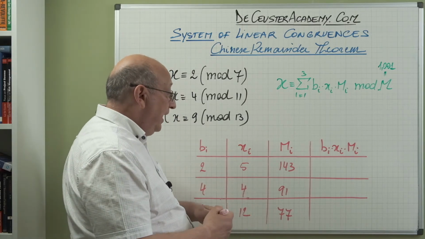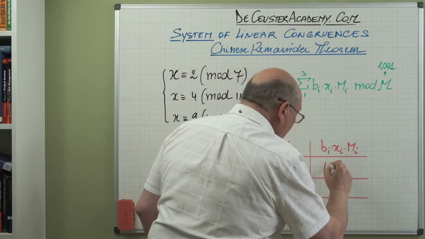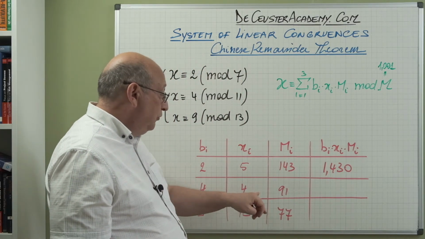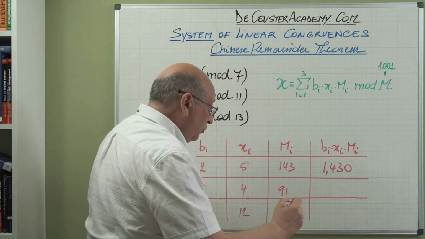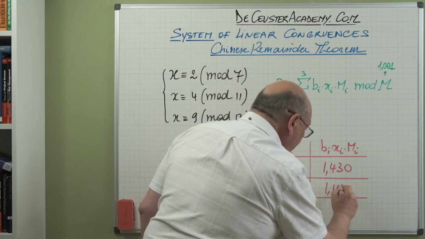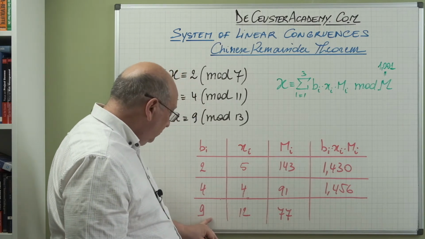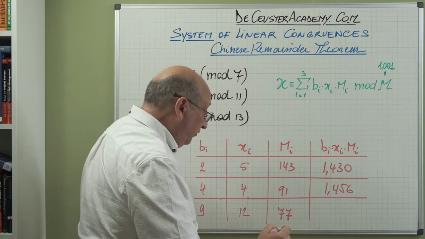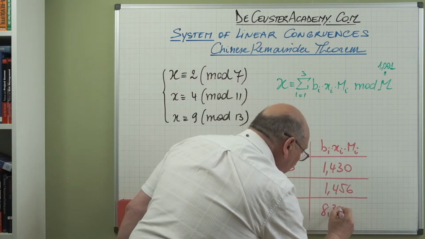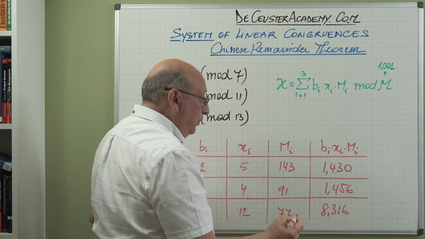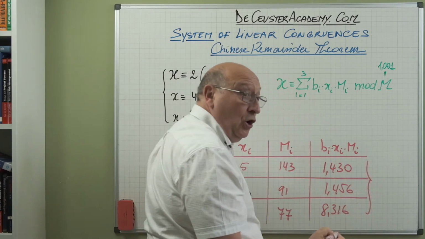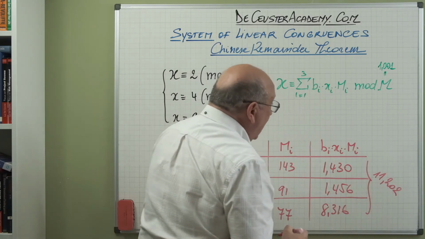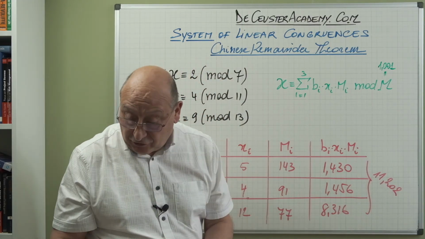So when we multiply those, we find 1430. The second one, 4 times 4 times 91, is 1456. And the last one, 9 times 12 times 77, is in fact 8316. When we put all of them together, we find 11,202 modulus 1001.